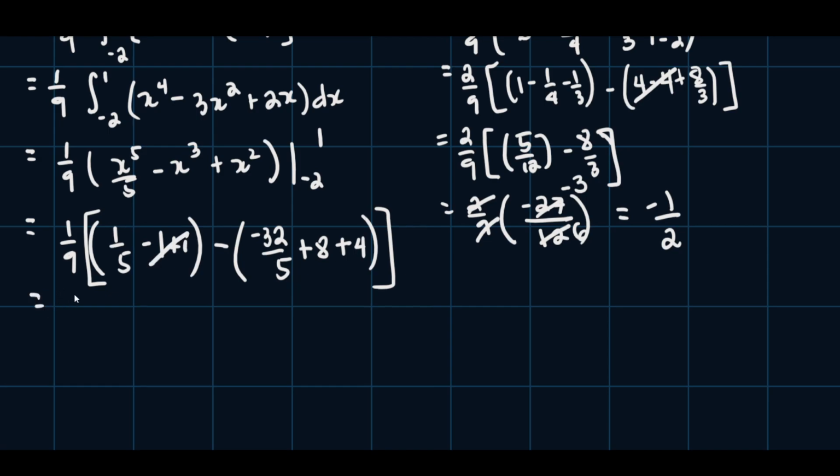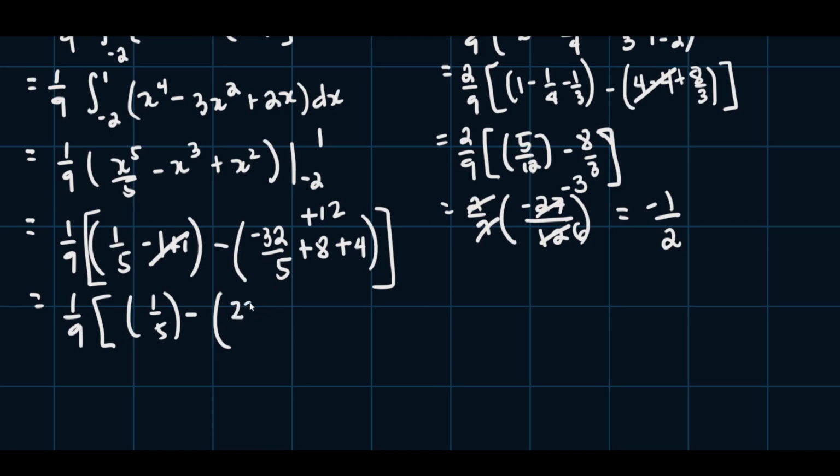Tatanggal to. We have 1 over 9 times 1/5 minus, we have -32 over 5 plus 12, or -32 plus 60 over 5.